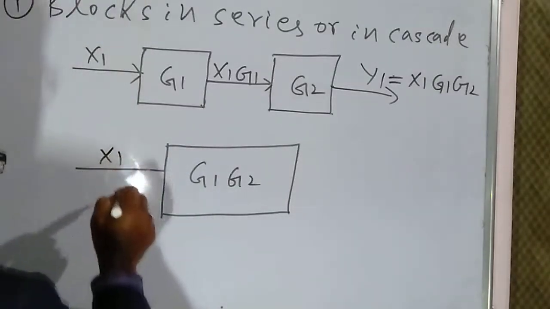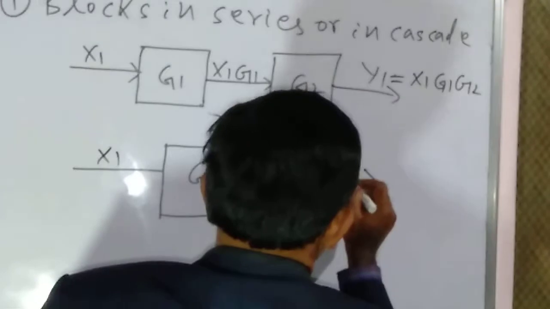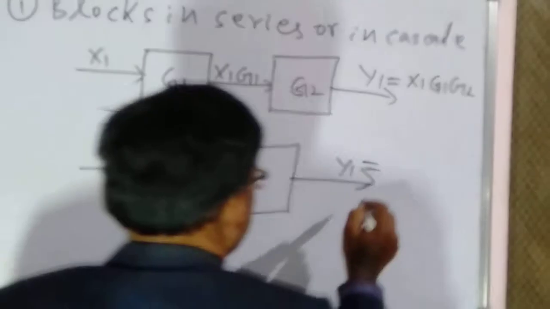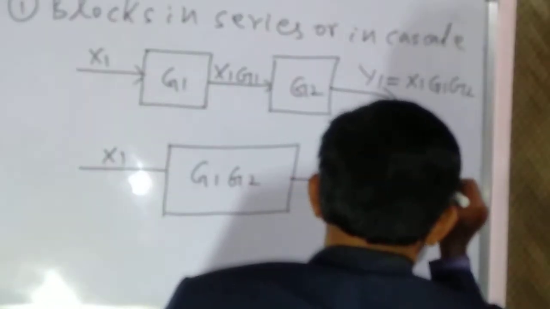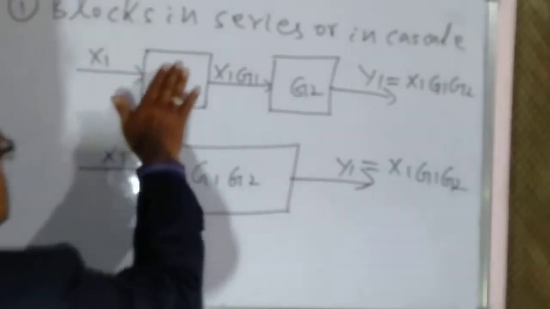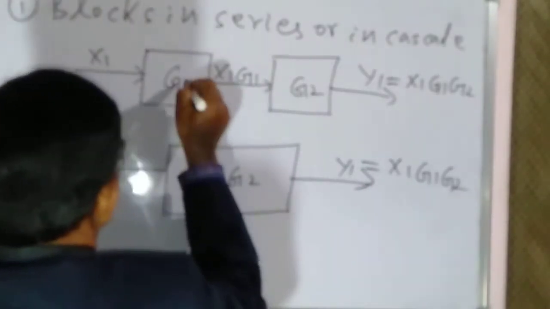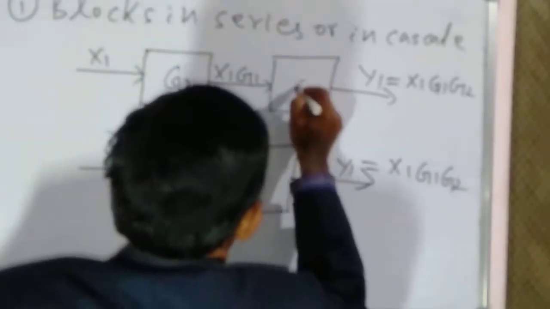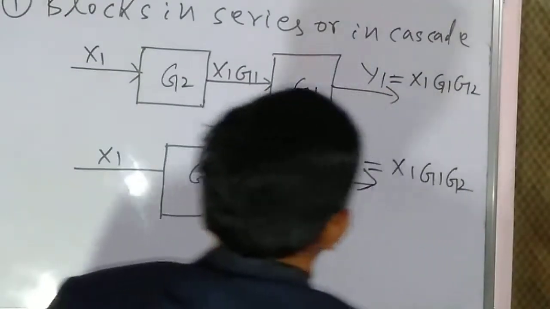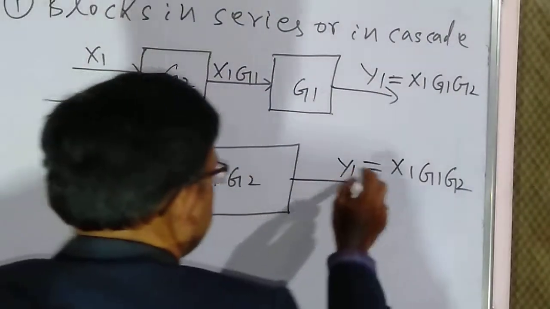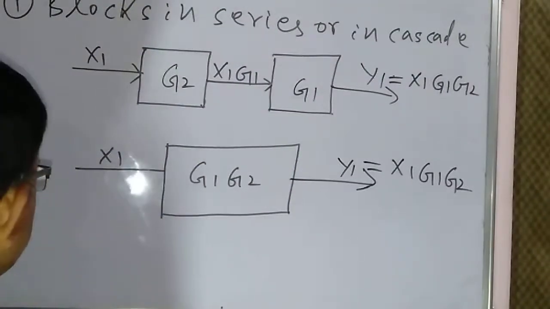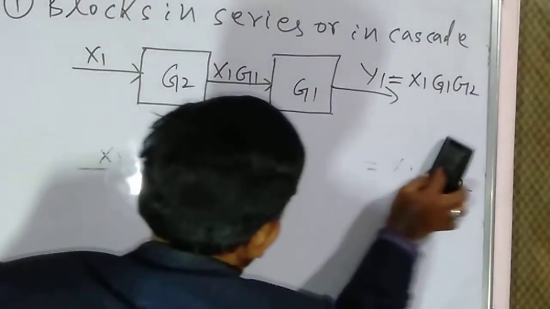So this will be the X1 and this will be the Y1. The same output we get, that is X1 G1 G2. If this is G2 and this is G1, then again we get the same result, that is X1 G1 G2. So this is rule number 1.